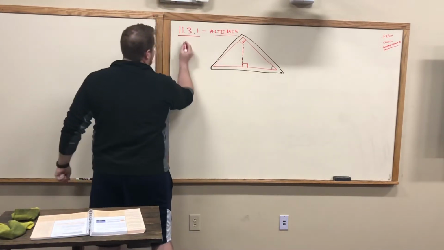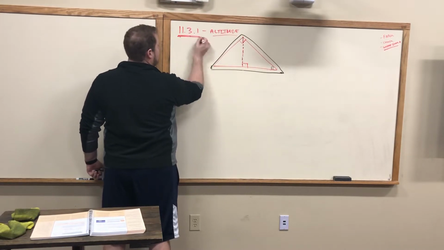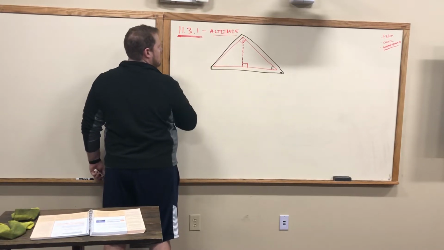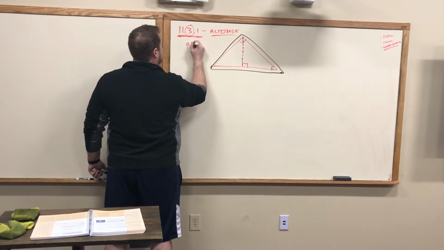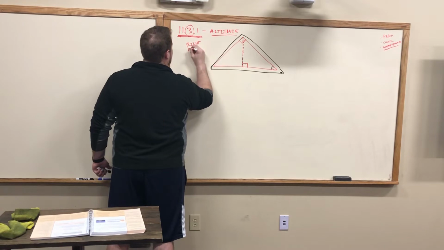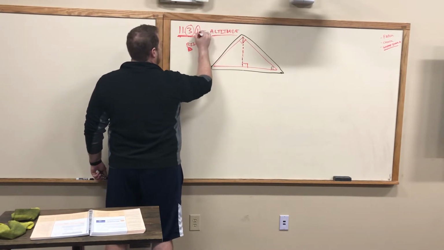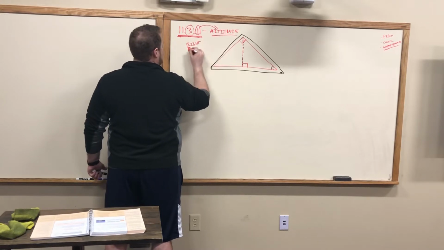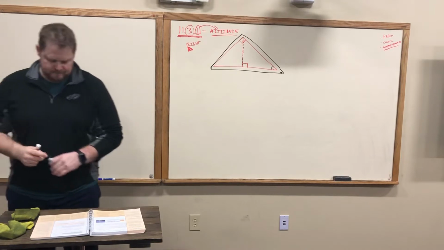So here's how I remember it. Look carefully. 11.3.1. One altitude creates three right triangles that are similar. One altitude, three right triangles. And that's what you needed to remember.